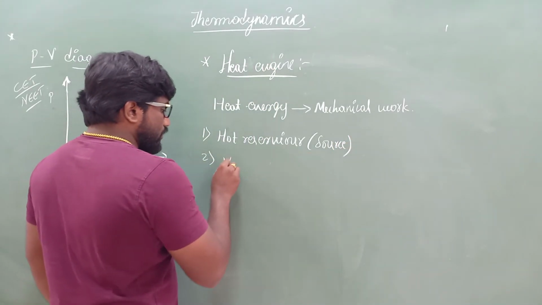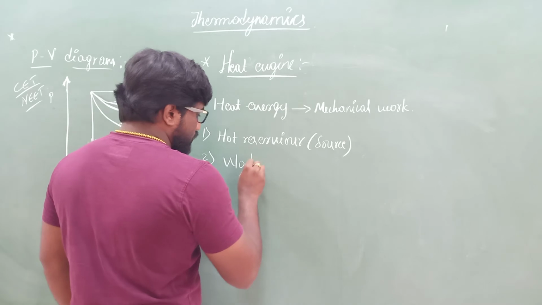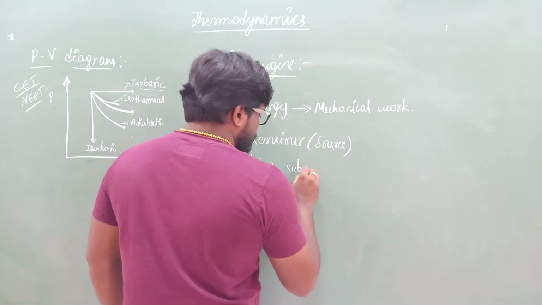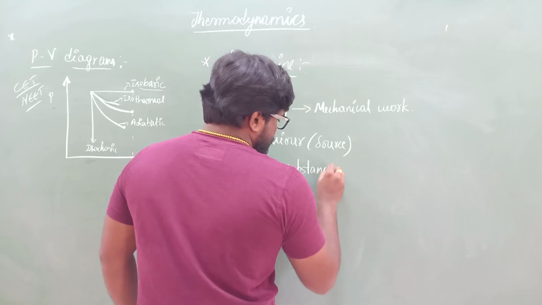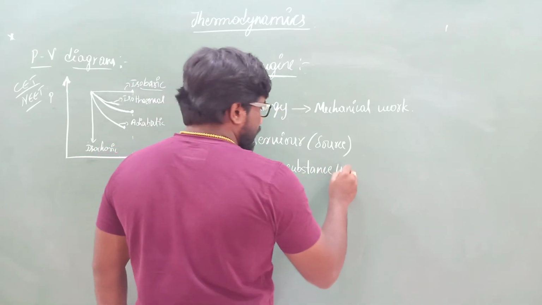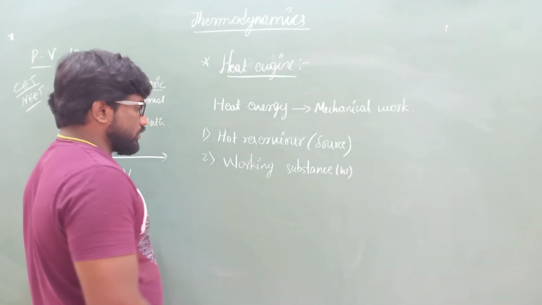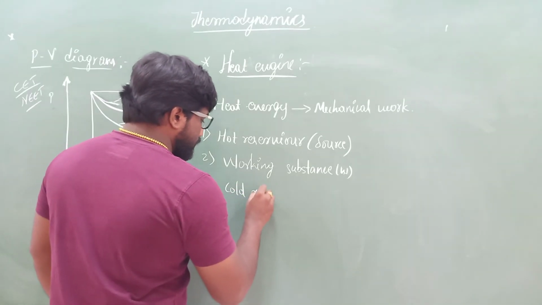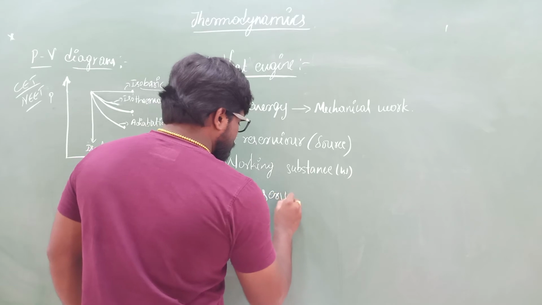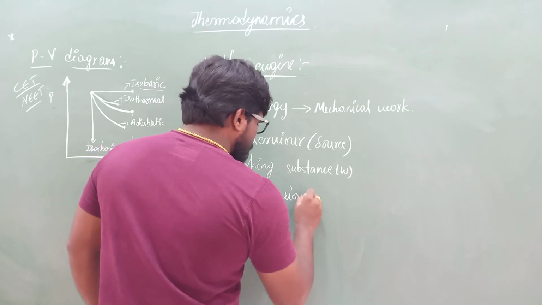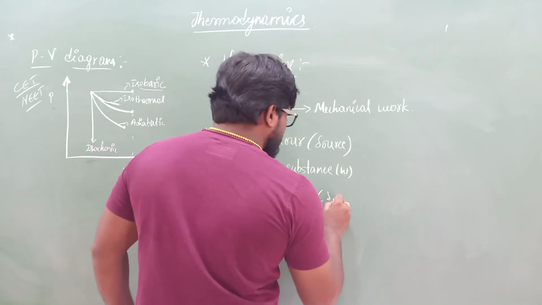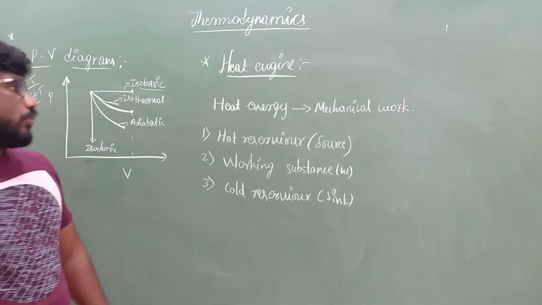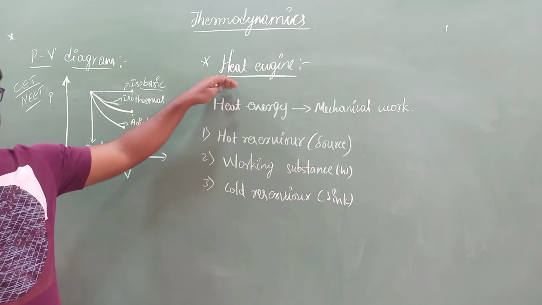Second one, working substance, that is what we call W. Third one is the cold reservoir, so we can call it the sink. These are the 3 main important parts that we can see in a heat engine.